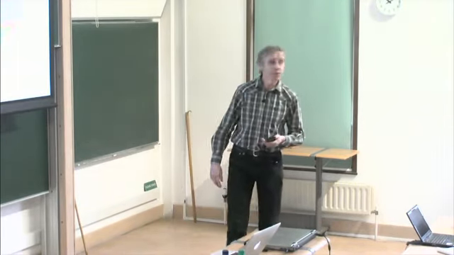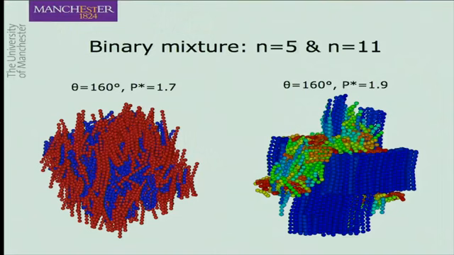Tried it again with shorter molecules, n equals 5, n equals 11. The n equals 5 system, if you compress it, doesn't form a nematic phase at all. If you mix it with these long n equals 11 and you compress, then you get a nice mixed smectic. The long molecules kind of absorb the little ones and make them nematic as well.